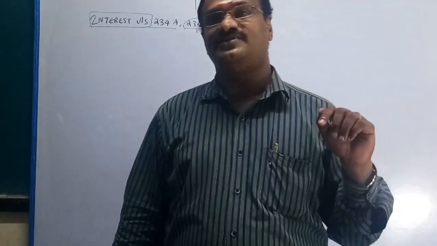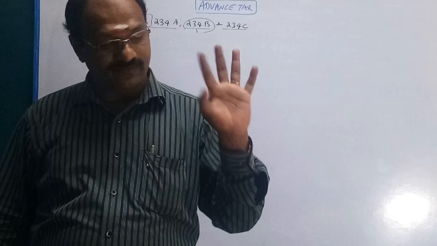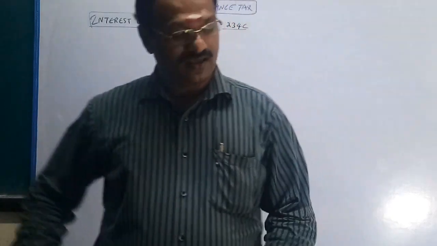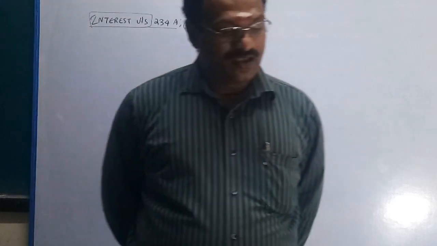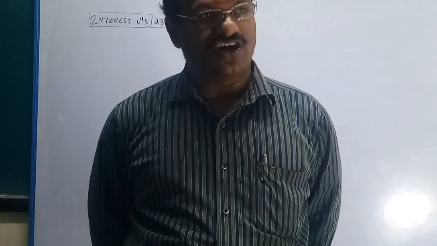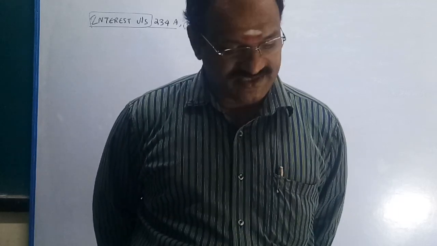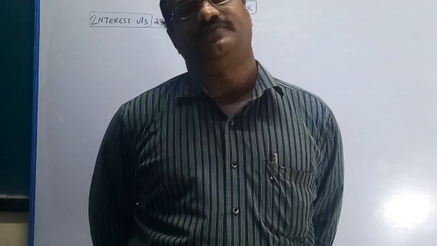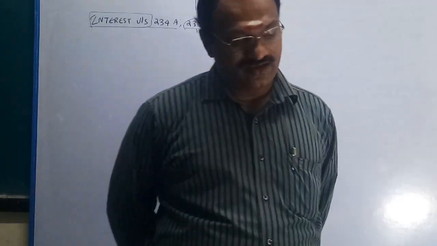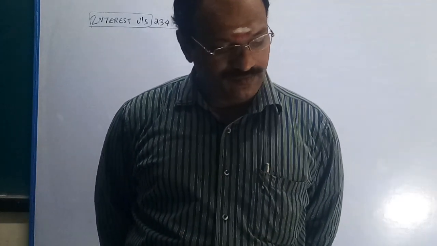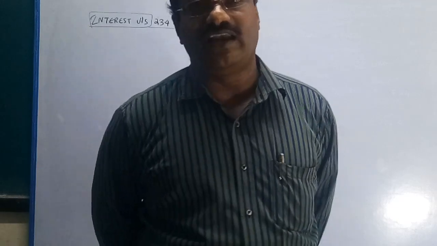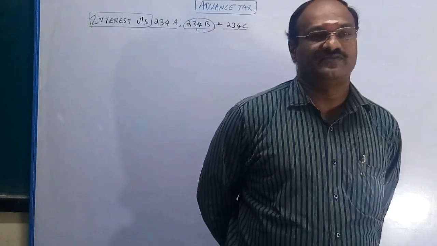How much rate of interest? 1% per month or part of a month. Note, interest under section 234C will be charged only up to 31st March of the relevant previous year. Interest under section 234B will be charged from 1st April of the relevant assessment year.